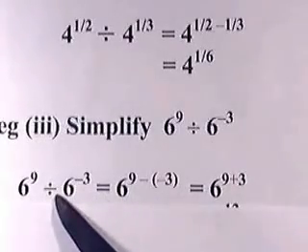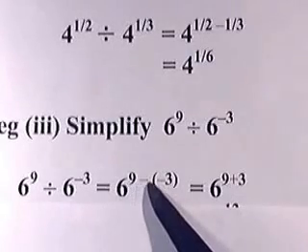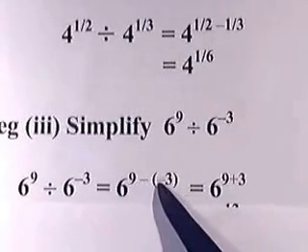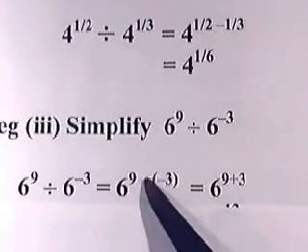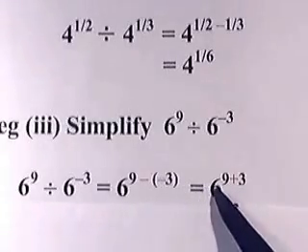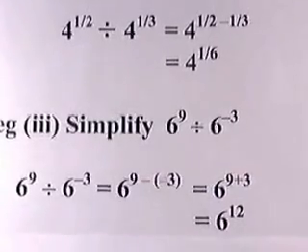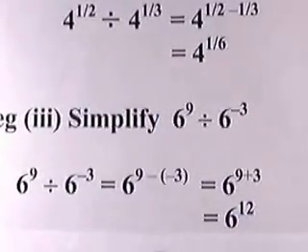We are dividing, so we subtract the powers. There it is, 9 subtracting the power of minus 3. This minus and that minus, as you probably all know by now, change to a plus. So you end up with 6 to the power of 9 add 3, and that gives you 6 to the power of 12.